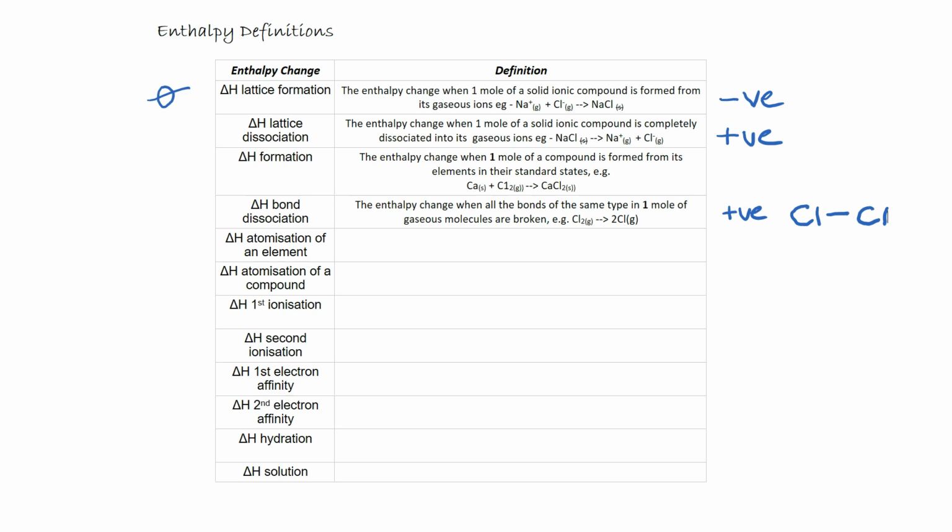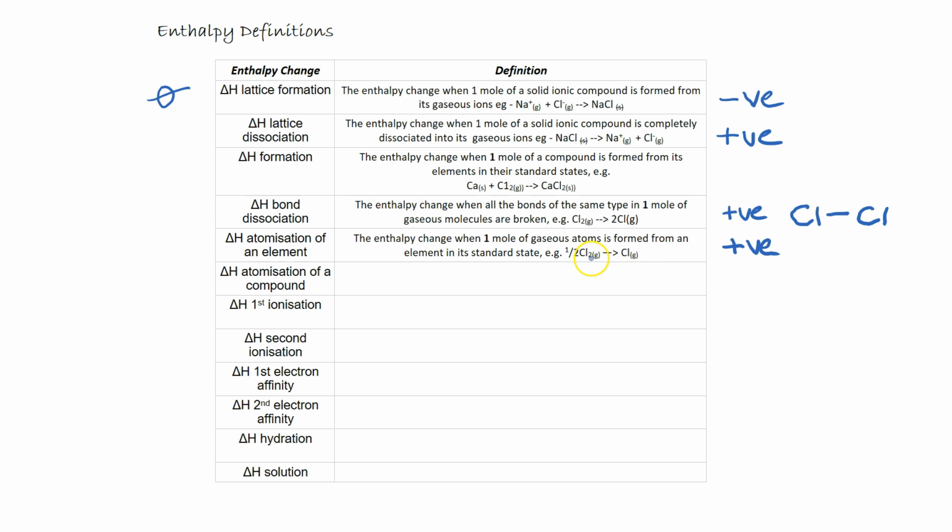This is important, certainly when we compare it to the atomization of an element, which we're about to do. So once again, in the atomization of an element, we're talking about bond breaking of a sort. So this is a positive value. But rather than in the example before, where we were forming 2 chlorine atoms, we're now talking about just removing 1 chlorine atom.